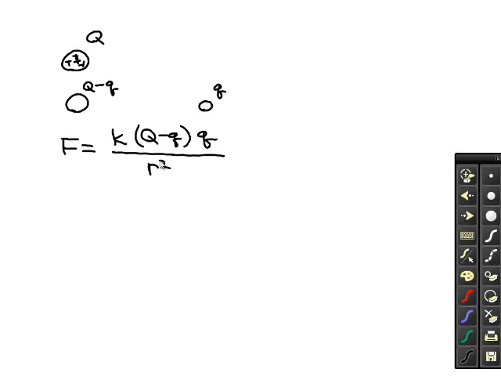R is a constant. We're just going to pull them apart a certain distance. K is a constant. So if I want to maximize this, I'm going to take the derivative of this with respect to what? Little q, yeah. And then set it equal to 0. Now, I can take the derivative of this with respect to q, but K and R squared are just going to sit out this game.